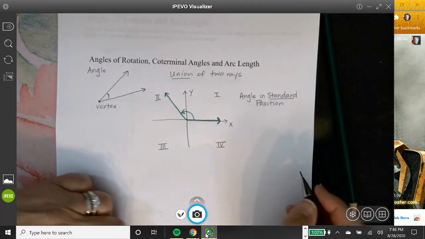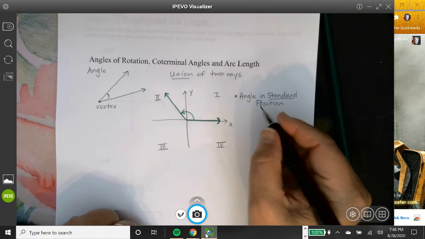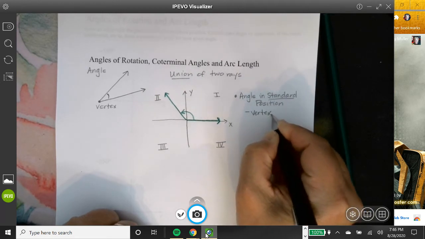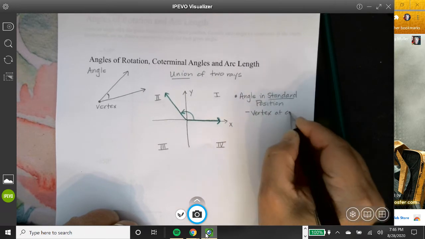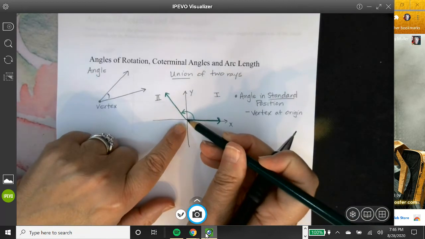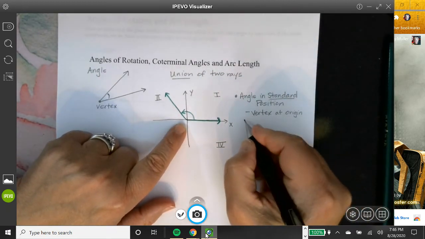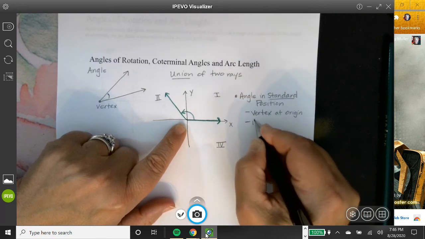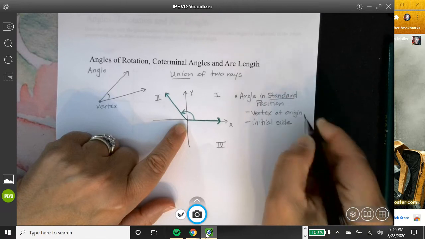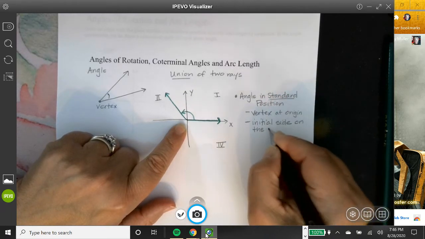An angle in standard position has the following qualities. First of all, we put the vertex at the origin. And you see how we have the vertex of our angle here at the origin. That's number one. Number two, we put the initial side on the positive x-axis.